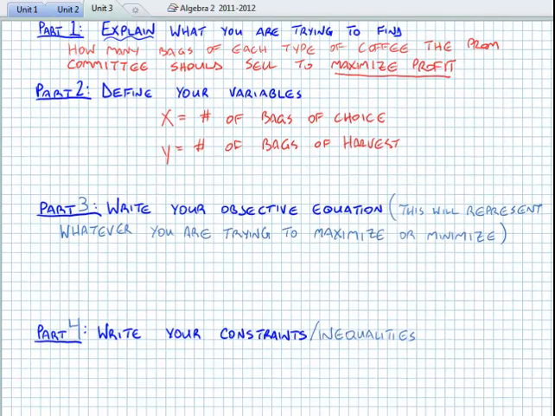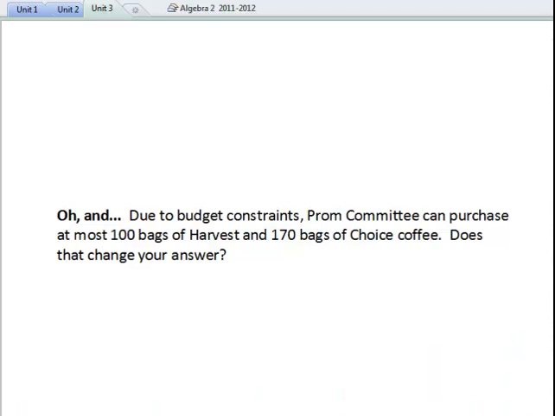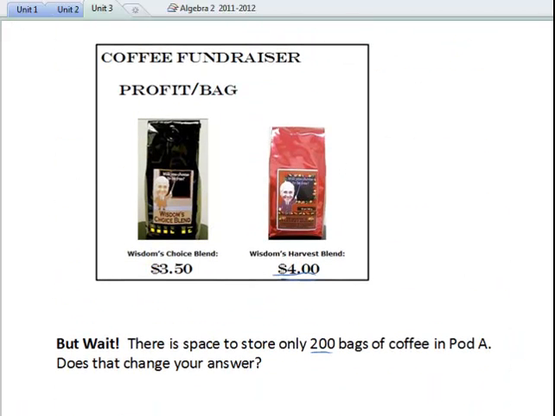Okay, next big step here is to write the objective equation. The objective equation is going to represent whatever it is that we're trying to maximize or minimize. And since in this situation we were trying to maximize profit, our objective equation should represent profit. If you look back at the original problem, the profit comes from $3.50 for every bag of Choice we sell and $4 for every Harvest Blend bag we sell.